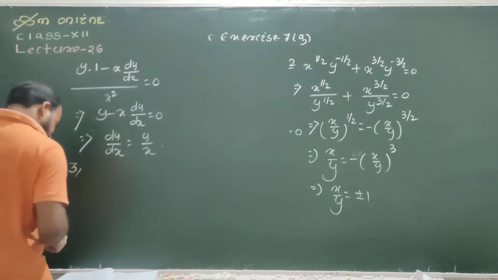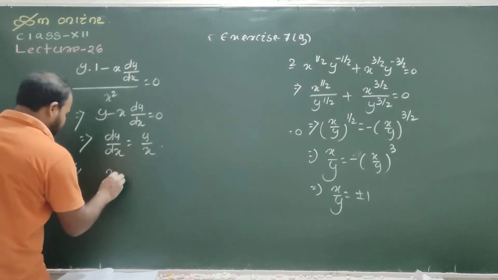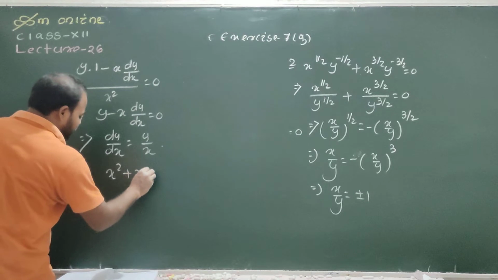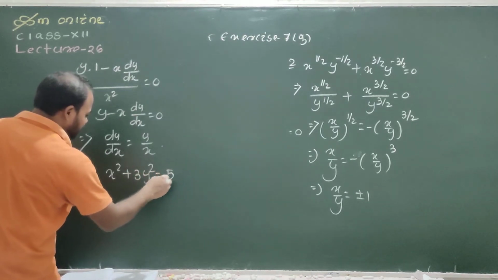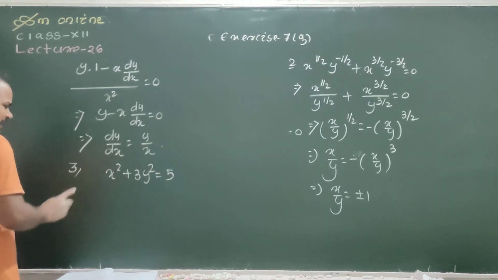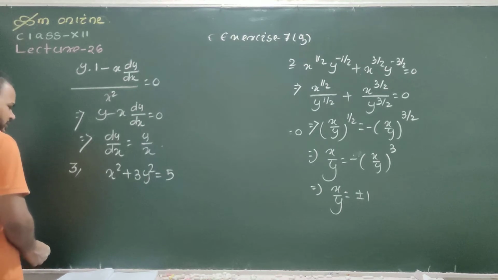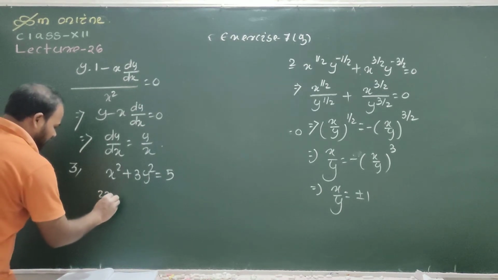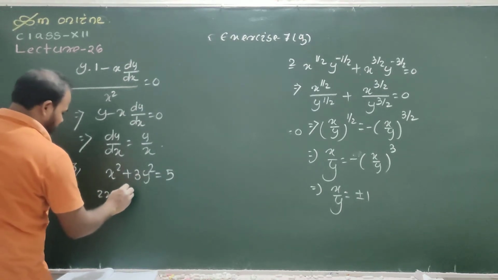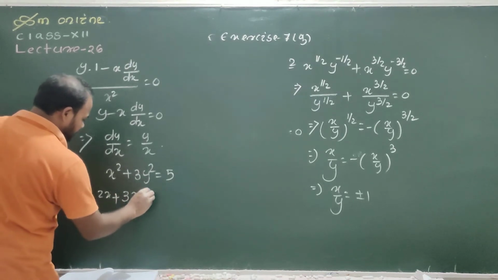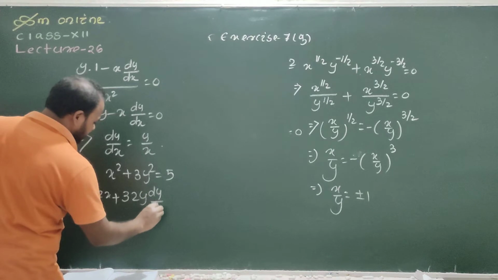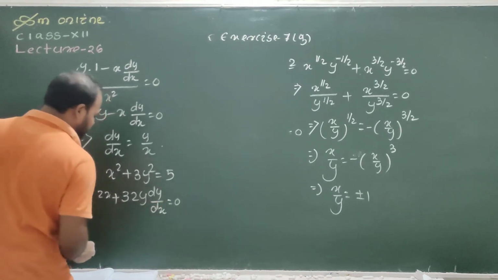Question number 3 is very simple: x square plus 3y square equal to 5. Differentiating both sides with respect to x, we get 2x plus 3 constant, derivative of y square, that is 2y dy by dx, and derivative of 5 equal to 0.